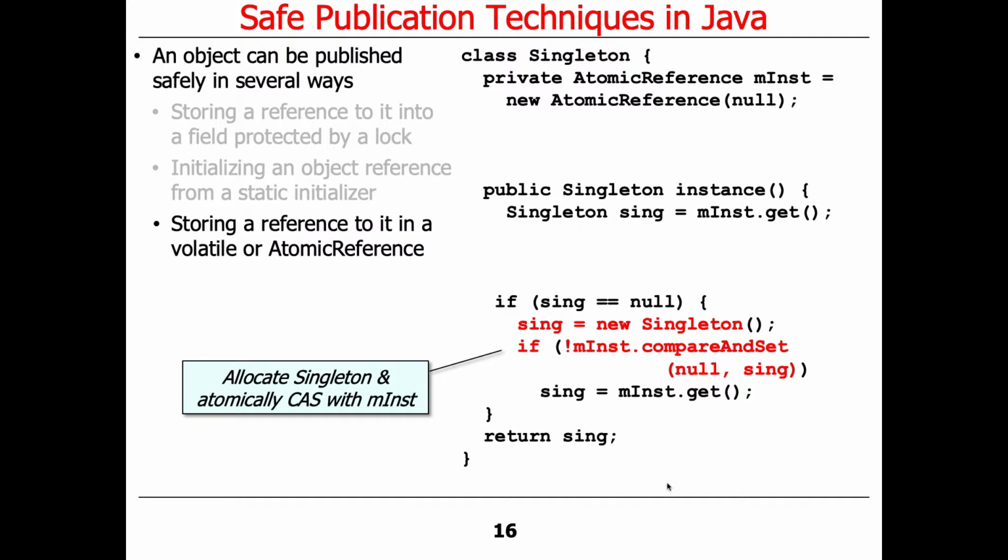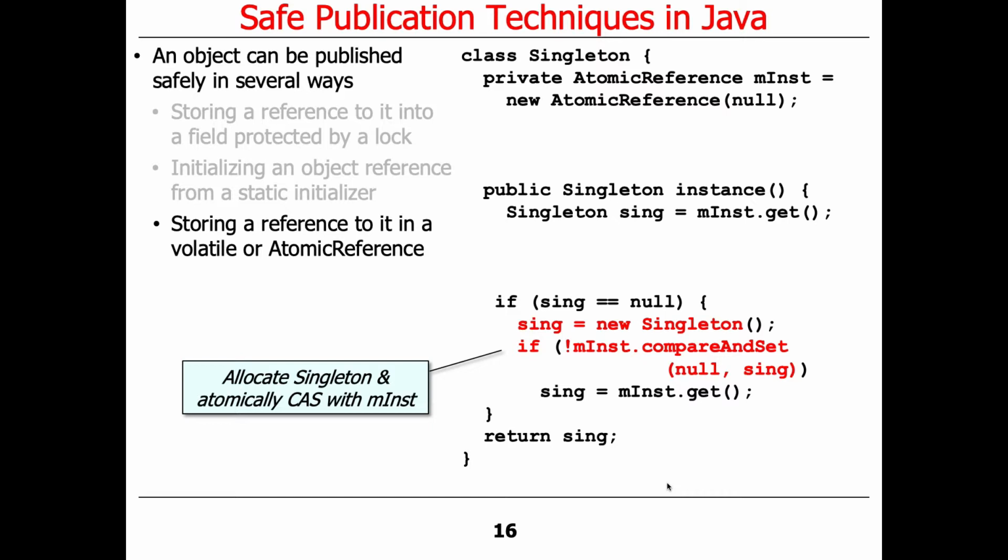And if you recall, what compare and swap does is it says, if the value of inst is currently null, atomically swap it, and then push it all out through the memory hierarchy so everything's safely published. If it's not null, then it's already been initialized, so we just ignore it.